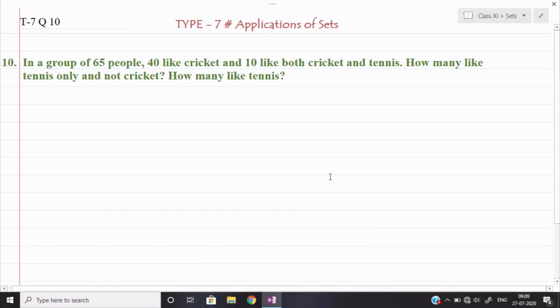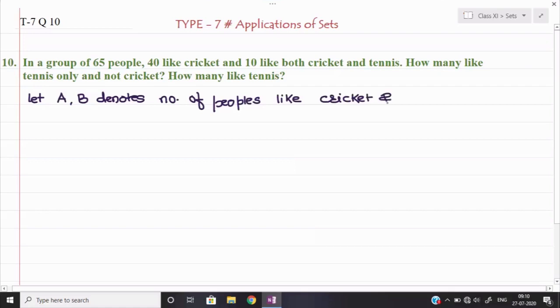We'll denote the sets by A and B. Let A, B denote the number of people who like cricket and tennis.